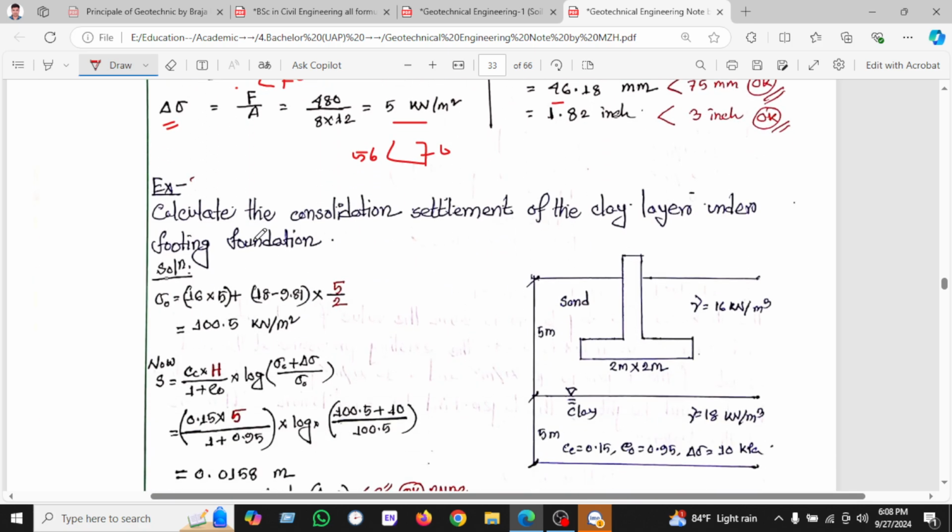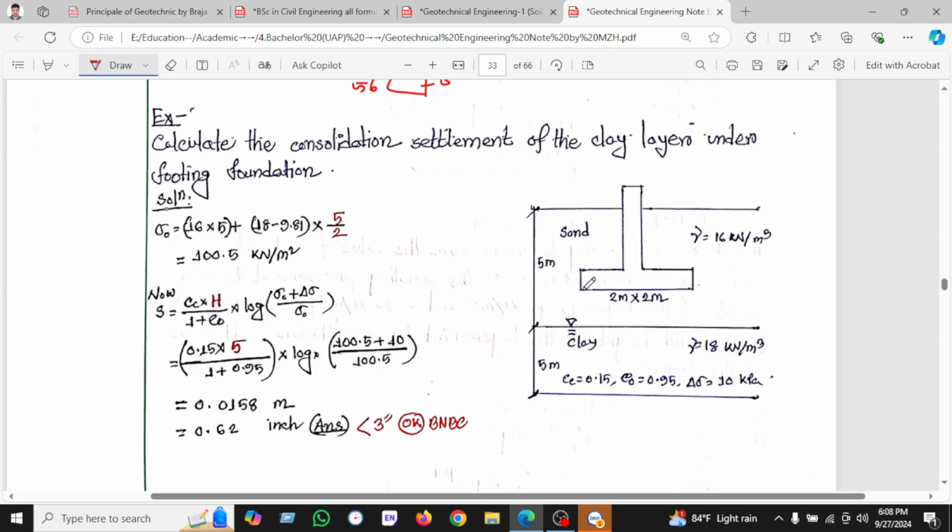So another example we can see here: calculate the consolidation settlement of the clay layer under the footing. The footing condition is given here. So we have seen the sand layer is 5 meter and the clay layer is also 5 meter. Okay, but the water level is below the 5 meter. Okay, let's start first. We are calculating sigma naught as the first layer, which is 16 into, we know the basic formula gamma into H or gamma into Z. Gamma is given, and we will not deduct the water pressure because the water is indicated below the 5 meter.